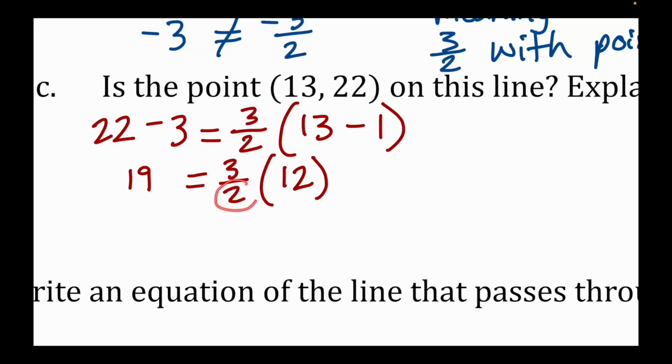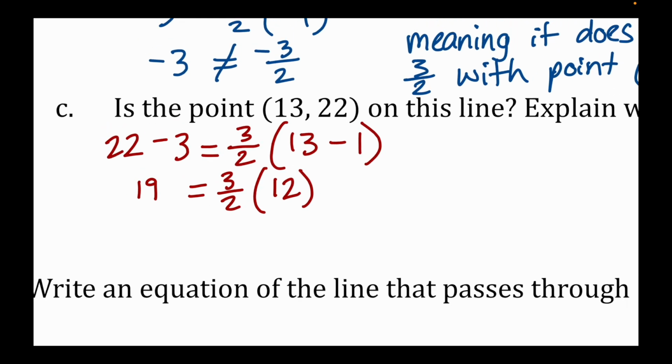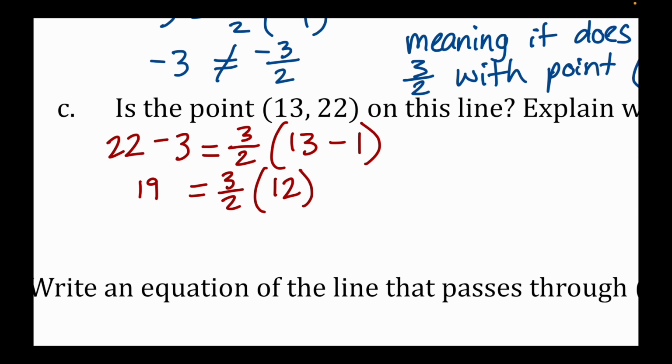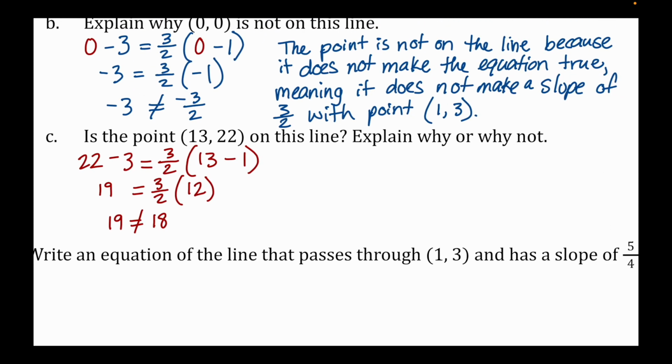Basically, if I take 12, divide it by 2, that's going to give me 6, and then multiply it by 3, that would give me 18. I like to do the division first if possible because smaller numbers are easier to then multiply together, especially if I don't have a calculator on hand. Now this makes 18, which means 19 is not equal to 18. So we can say the point is not on the line.